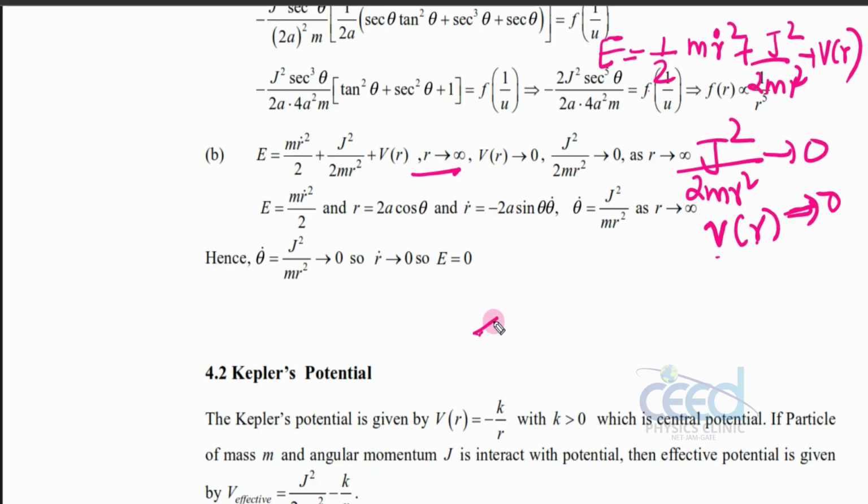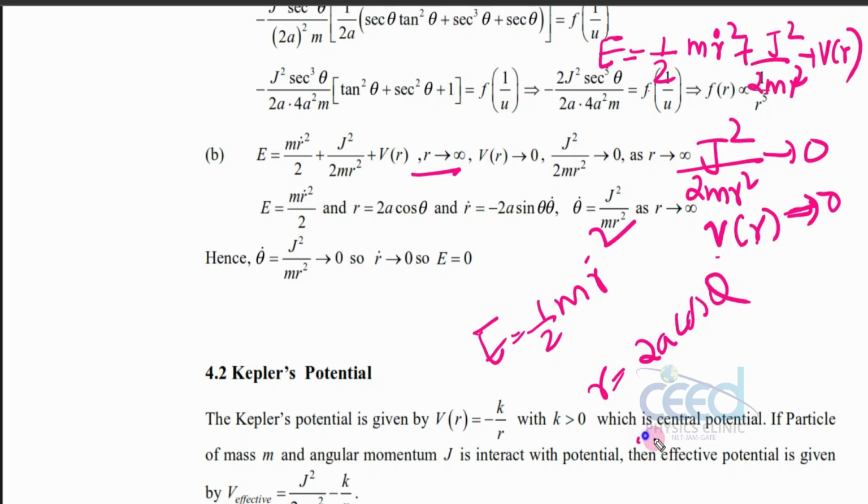So energy is equal to what? Half m r dot square. But r is equal to 2a cos theta, as given in the question. Now what is r dot? r dot is equal to 2a into cos theta on differentiation, minus sin theta, theta dot. Now what is theta dot?